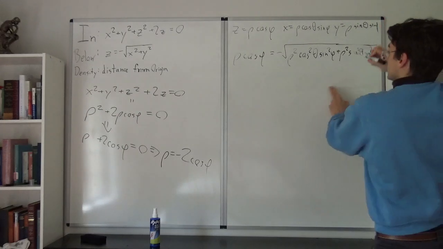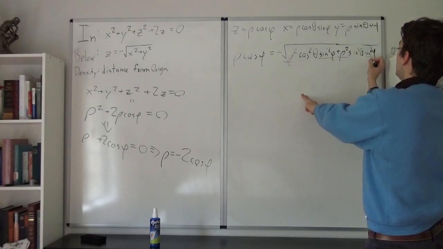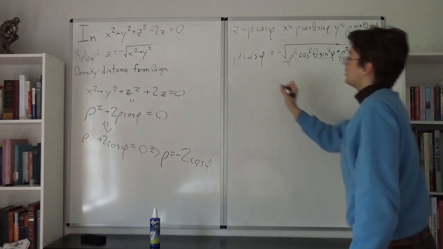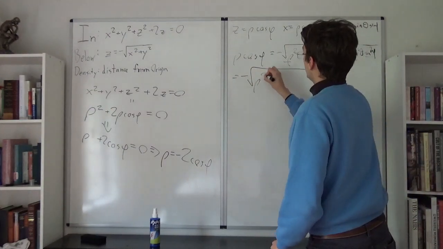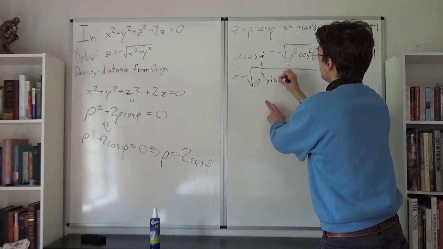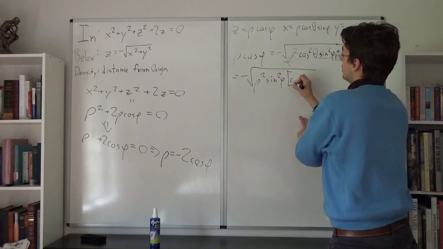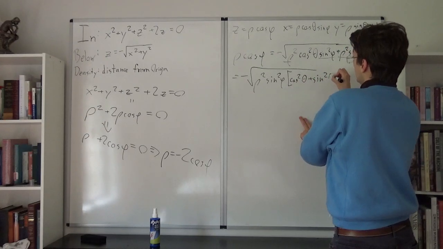Okay, now we see same rho for both of these guys, same phi. So the only thing that's different is these two parts. So that turns into negative square root of rho squared sine squared phi, and then I have this plus that, and we all know what that is.